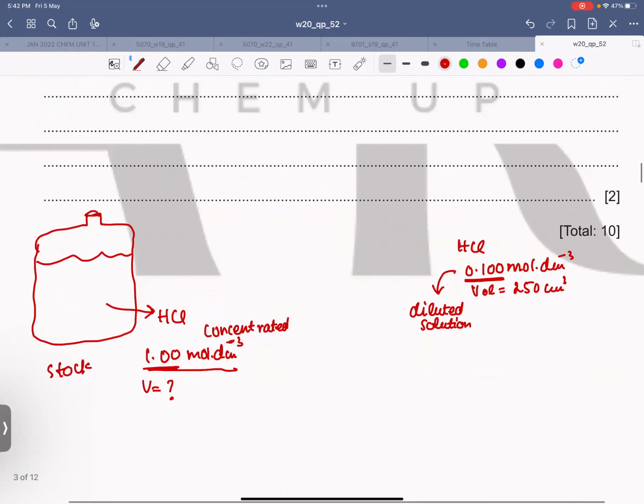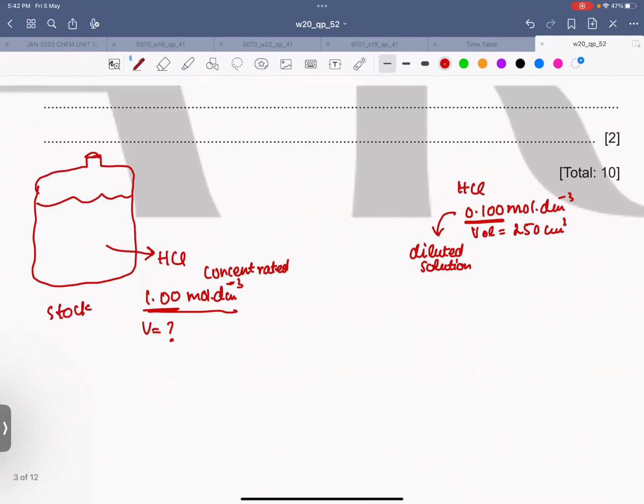For that, we have to use the expression which says that the concentration of the concentrated solution multiplied by the volume of the concentrated solution is equal to the concentration of the diluted solution multiplied by the volume of the diluted solution.